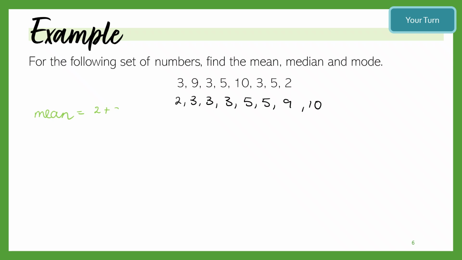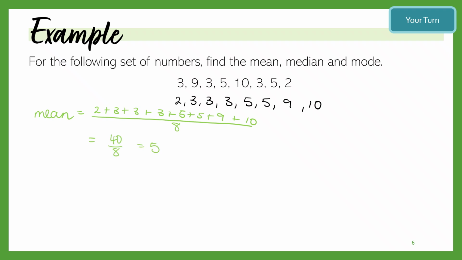So 2 plus 3, and so on. And I'm going to divide all of that by 8, right? Because I've got 8 things in my data set. If I add these together, I'm going to end up with 40 over 8, which is 5, right?